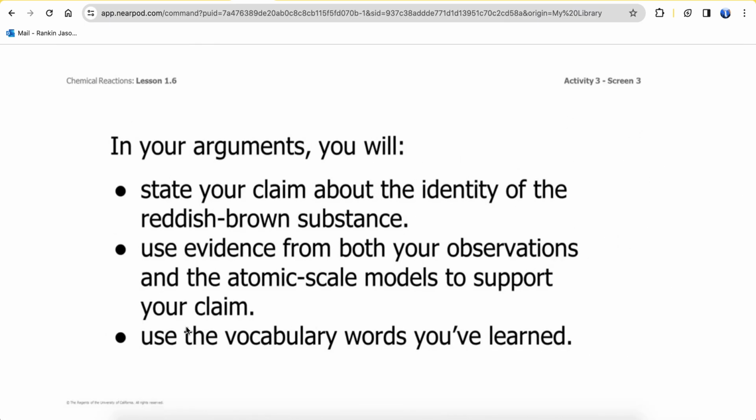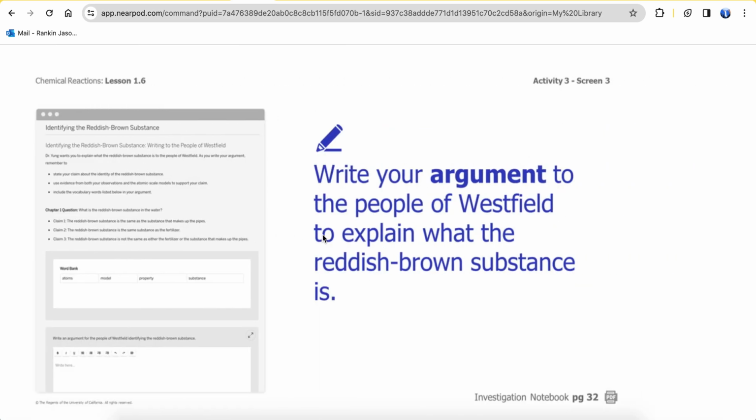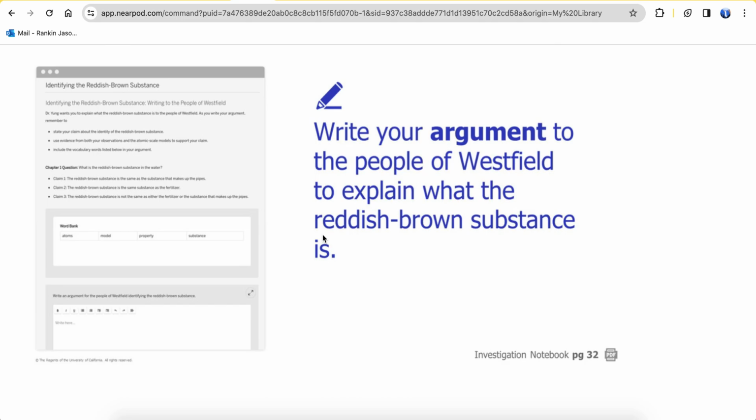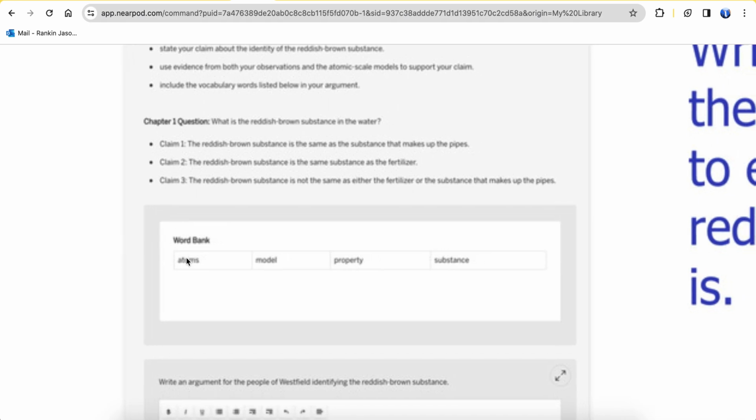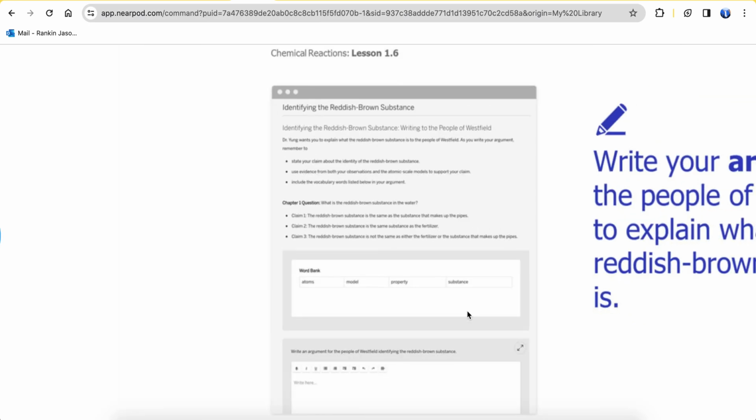In your arguments, you will state your claim about the identity of the reddish-brown substance. Use evidence from both your observations and the atomic scale models to support your claim. Use the vocabulary words you've learned. You want to use the words atoms, model, property, and substance in your writing sample.